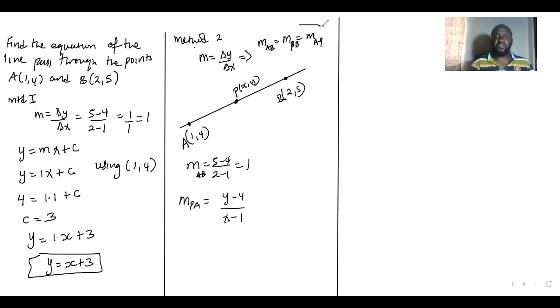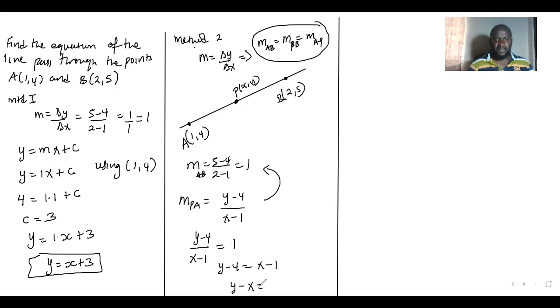But because of this condition that those gradients are the same, since we are on the same straight line, the gradient of the straight line is always a constant. Then y minus 4 out of x minus 1 is going to be equated to this other gradient we had before. With that, y minus 4 is equal to x minus 1. Y minus x is equal to 3. If you make y the subject, y is equal to x plus 3. Hashtag same answer.